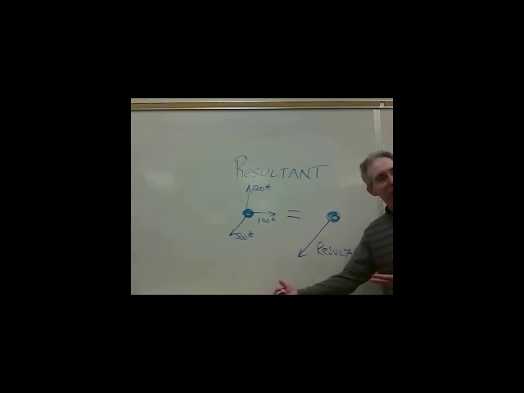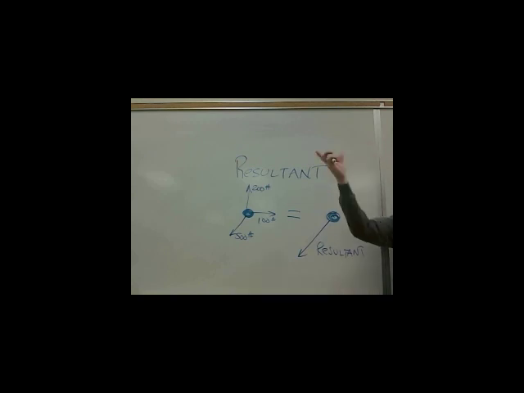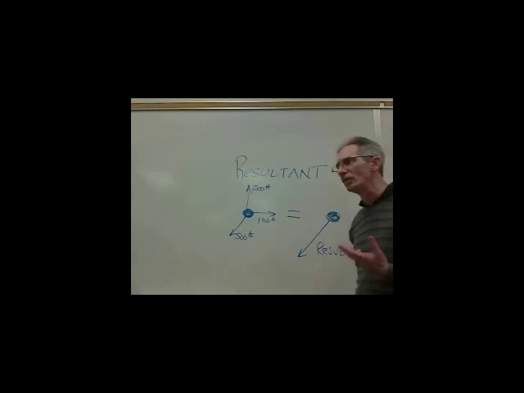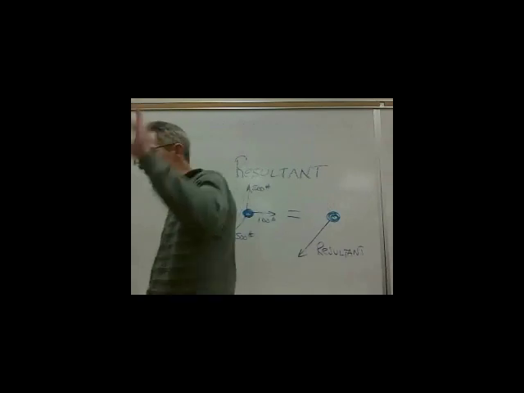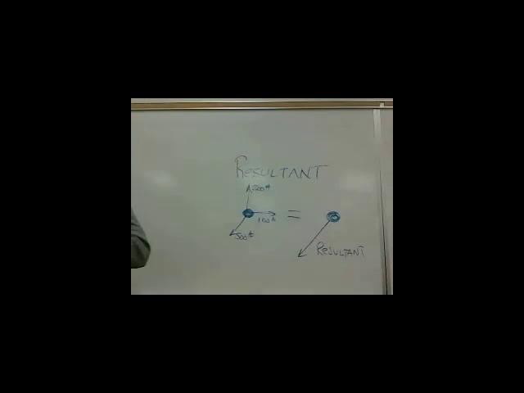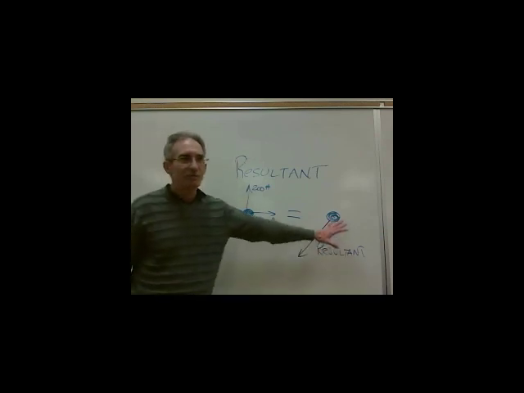So if I can provide a support in the opposite direction that will hold that resultant, I'll be good. We'll talk about equilibrium later, but that's the concept there. So a resultant is just a single force that is the sum of, or the replacement of, a series of forces.